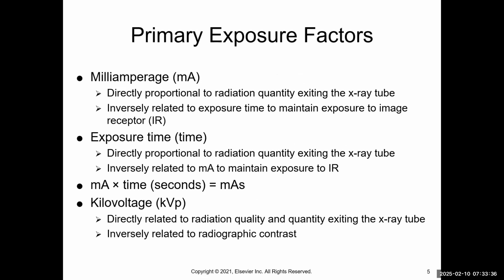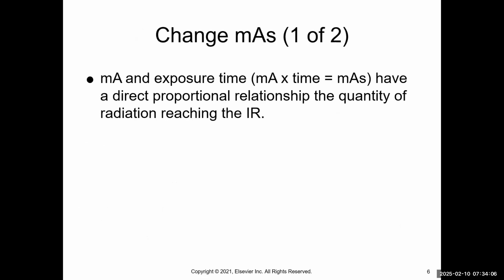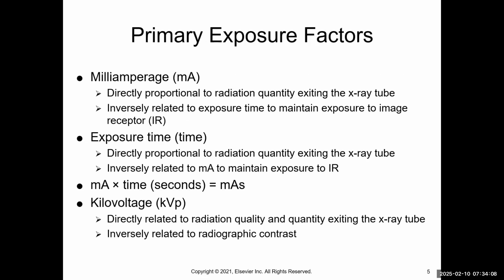So MA, the relationships are very, very important that you know what type of relationship these different factors have to receptor exposure or contrast, magnification or size distortion, and spatial resolution. So MA, directly proportional to radiation quantity exiting the X-ray tube, inversely related to exposure time to maintain exposure to the image receptor. We're going to look at that one in just a minute.